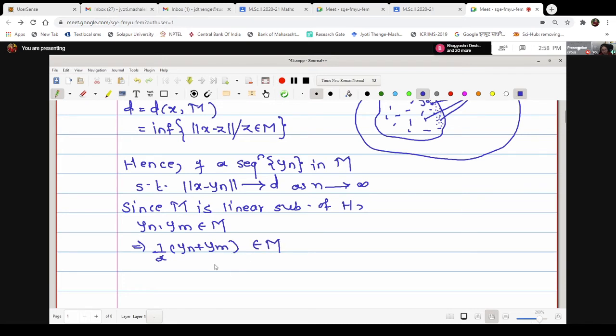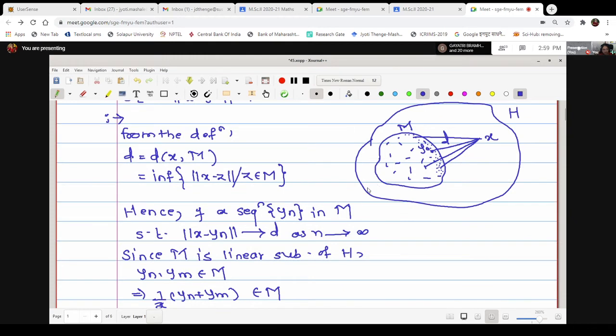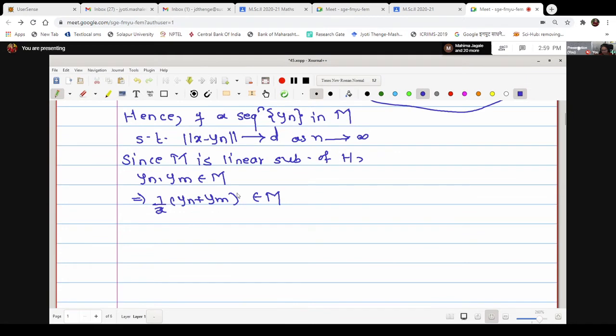And by definition of d, where is this location? If suppose ym and yn are these positions, half times yn plus ym will be somewhere around it only, in the set itself, right? Therefore, this point is in the set M.